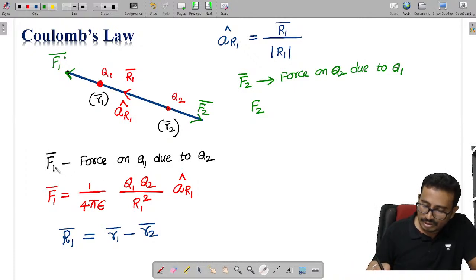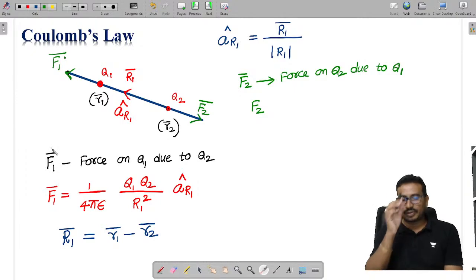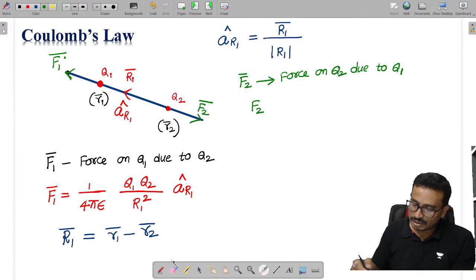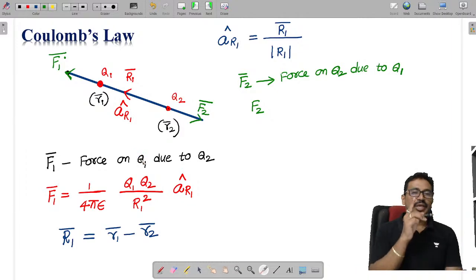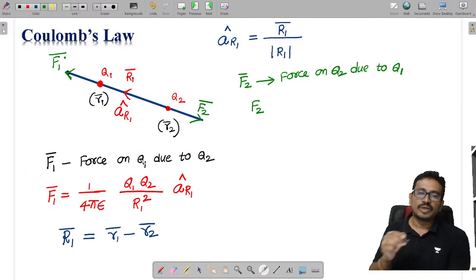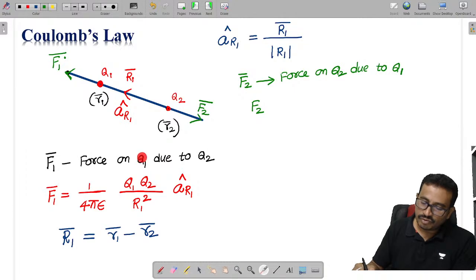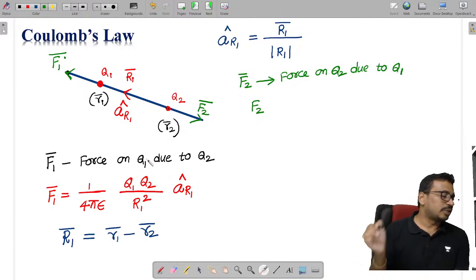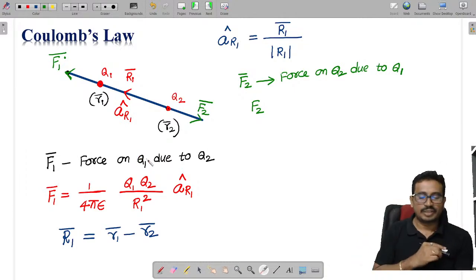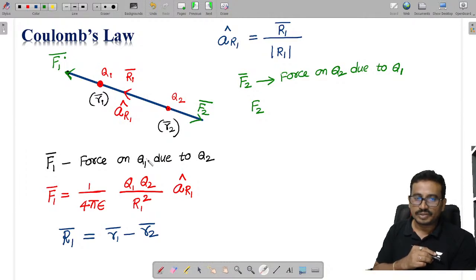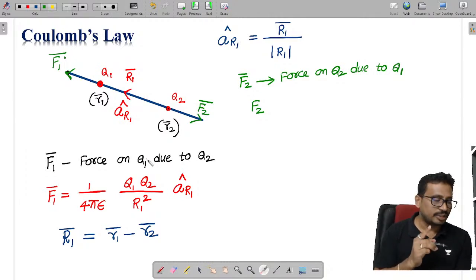Look at what F1 is. F1 is the force acting on Q1. Wherever you want to find the force, that point is the final point.